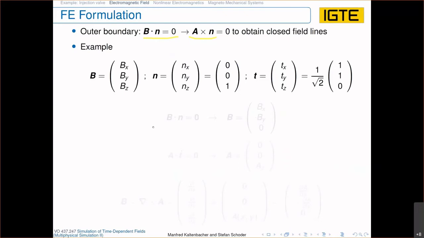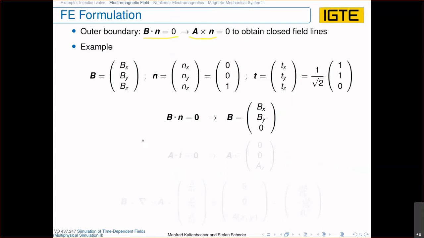Now what we have to force is that B dot n is equal to 0, and that means that since the normal vector has 0, 0, 1, we should have a vector which has just the x and y component, and the z component is equal to 0.